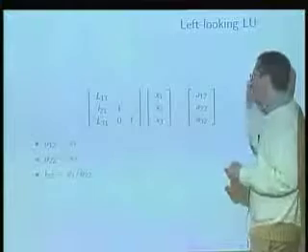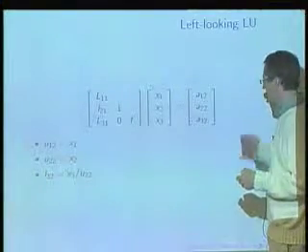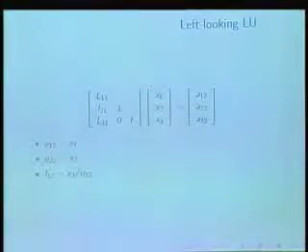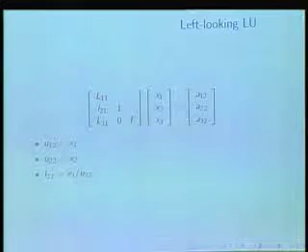But that can be done right now at this step. I don't really want to go through all of the gory derivations. I've got it in the book, I think.